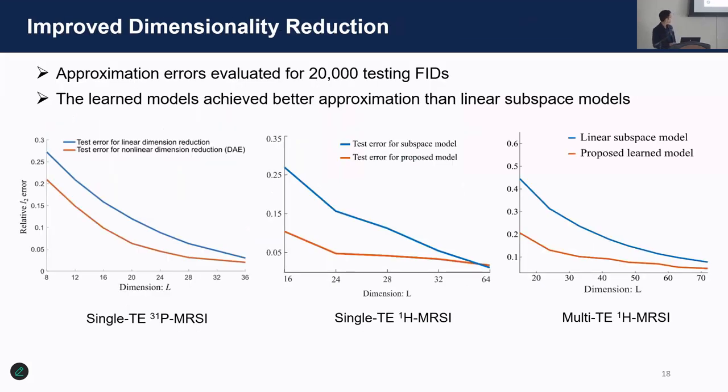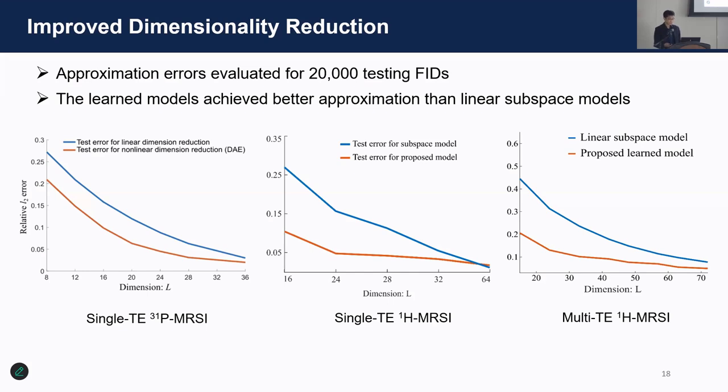And here's an example showing that in different cases, the learned nonlinear low-dimensional representation can achieve better efficiency in terms of dimensionality reduction, achieving higher representation accuracy at the same model order compared to the linear low-dimensional subspace.